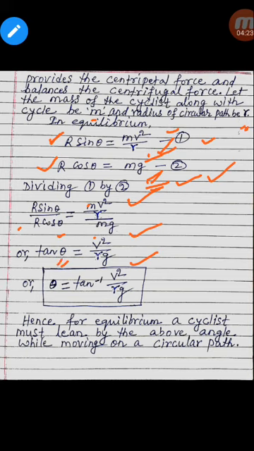So tan theta equals v square by rg, or theta equals tan inverse of v square by rg. Therefore, for equilibrium, a cyclist must lean by the above angle, theta equals tan inverse v square by rg, while moving on a circular path, so that he does not fall down.